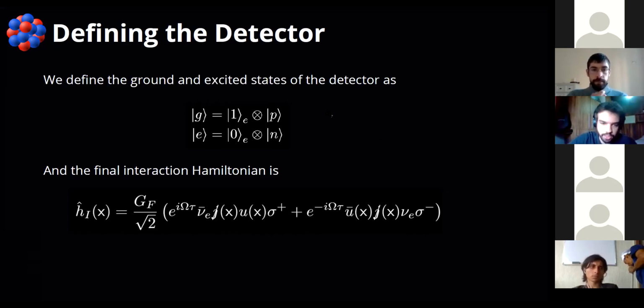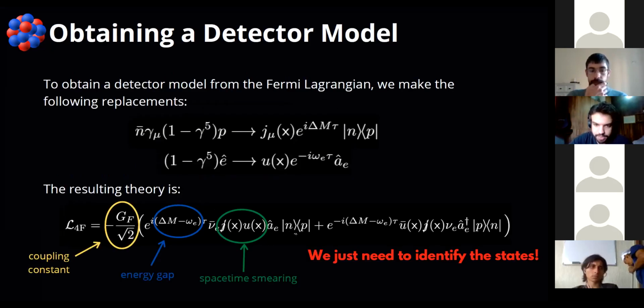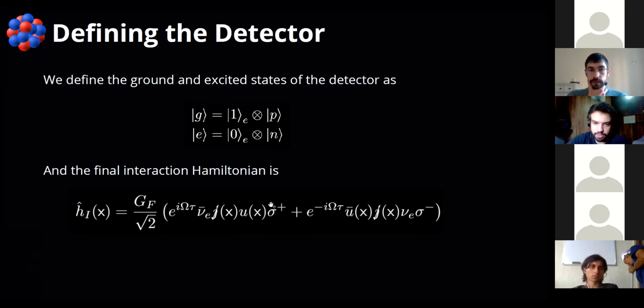So if you do this and you plug these into the interaction Hamiltonian, then the previous terms that we had here, this AENP and AE dagger PN, turn exactly into raising and lowering operators in this model.